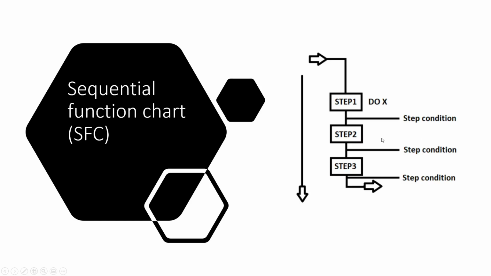Then on step 2, it can have like make a cup of coffee. And when it's done with it, it continues to the step condition, which could be like if you have 1 cup of water and 1 cup of coffee, continue to step 3. And step 3 could be like make a cup of water and coffee both. So then when it's done with it, we go to step condition 3, which could be like if we have 2 cups of water and 2 cups of coffee, continue.